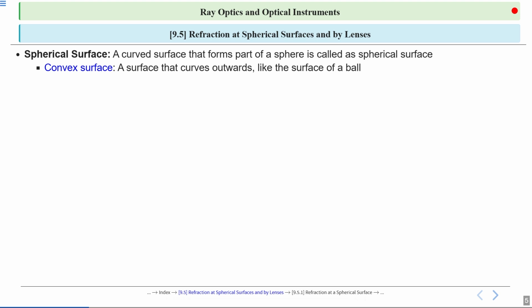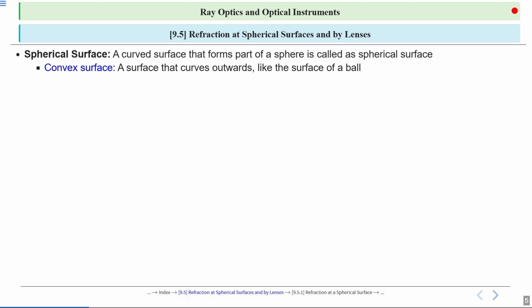So light is traveling from air to the glass. Since its surface is curved, it behaves as a spherical interface. A surface curved outwards, that is, curved towards the medium from which light is coming, is a convex surface.